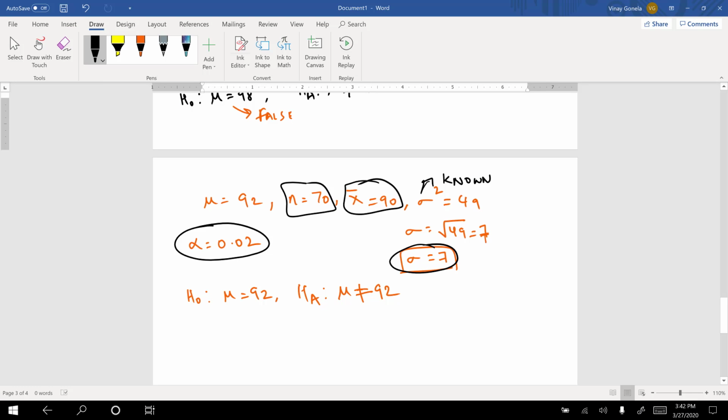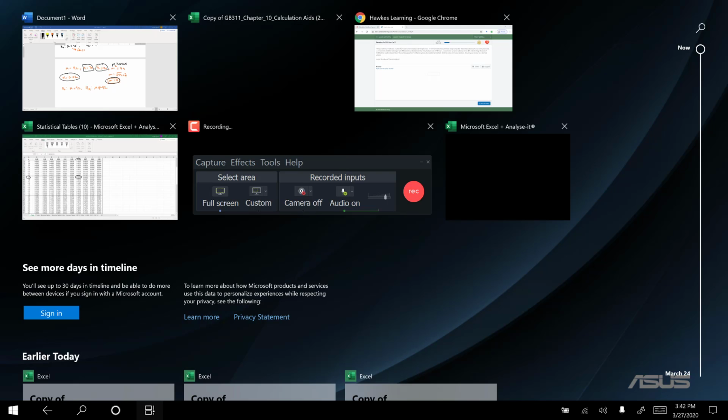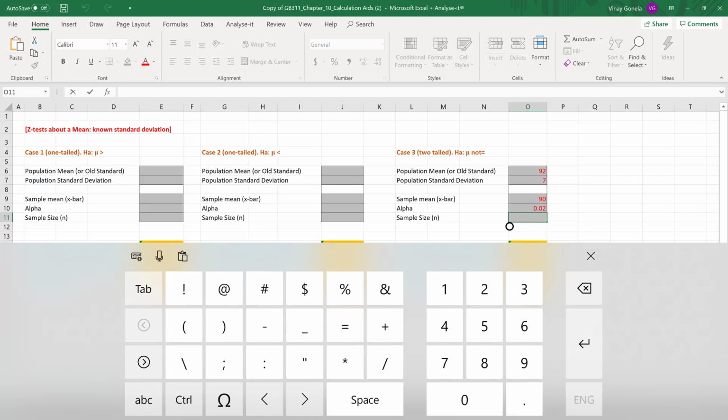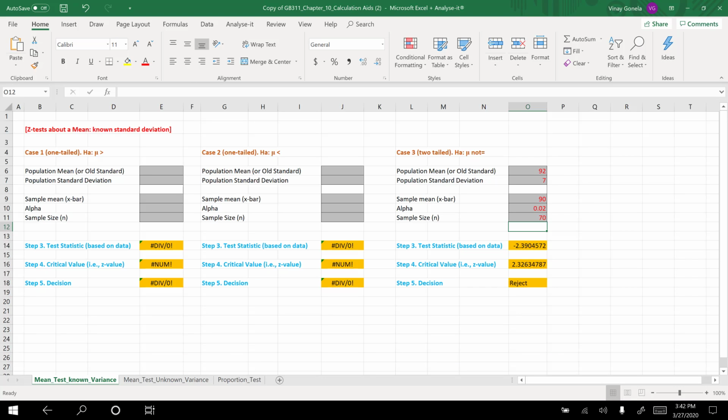Sample size is 70, so I will key in 70. So we got a test statistic value of negative 2.39, critical value 2.32, and we reject our null hypothesis.